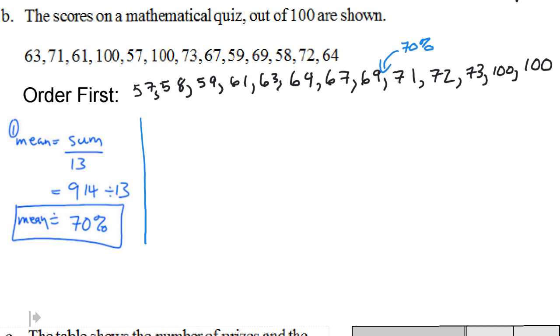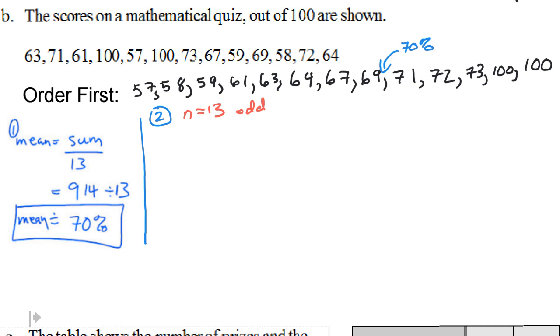So there's 70%. We're keeping track of where all our important numbers are. Now let's figure out our median. In this case, N for our median is 13 spots. So this is an odd number, right? Remember, if it's an odd number and there's a 0.5, we just round it up.